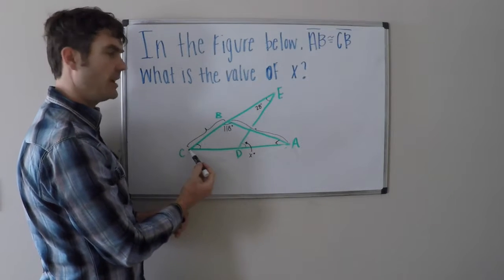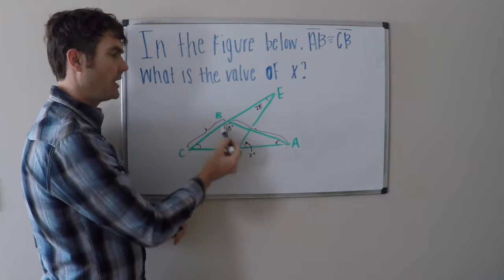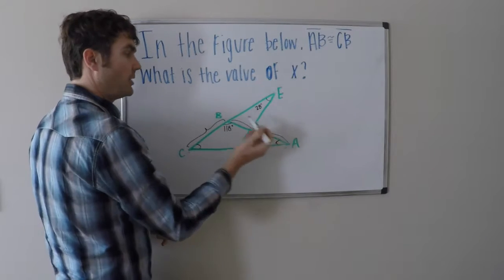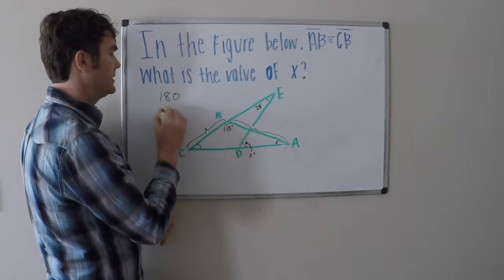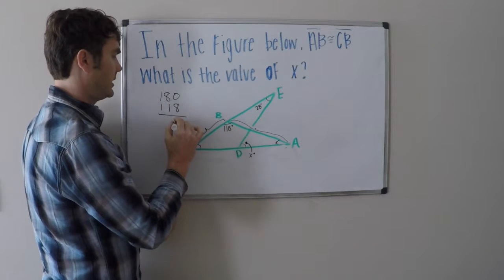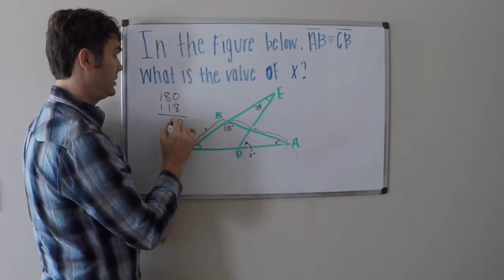Now you can see this triangle here, CBA, has one angle given and two angles that have to be the same as each other. So I'm going to take 180 degrees, subtract 118, the number I know, and I will get, what is that? 62.